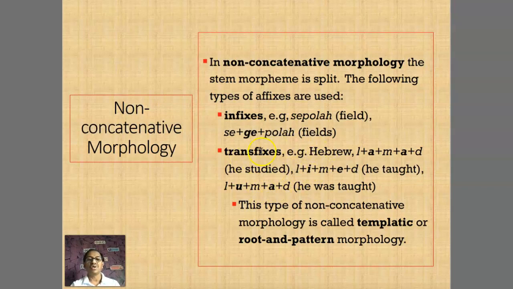So what we have called transfixes: a and a is a transfix, e and a is a transfix. They are not together. Whereas an infix is only one morpheme or one affix which goes inside. Okay, this is non-concatenative morphology. You are finding two types of non-concatenative morphology. One is infixes and another is transfixes.